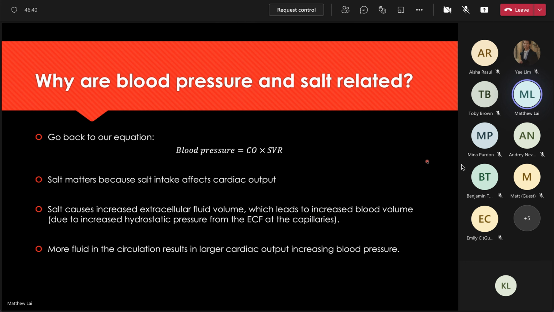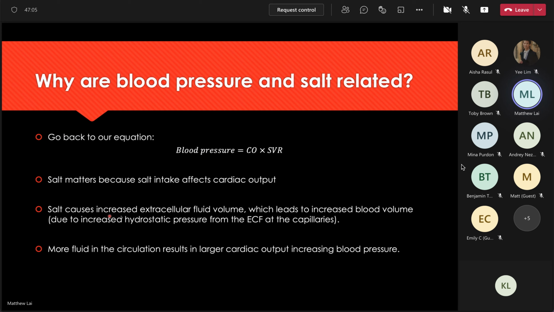So, we know from what I just said that higher blood pressure means increased excretion of sodium. But why are blood pressure and sodium, salt, even related? That's the reason why I introduced this equation: blood pressure is equal to cardiac output times systemic vascular resistance. The reason why salt matters is because salt intake affects cardiac output.